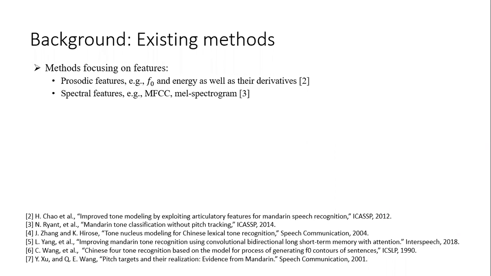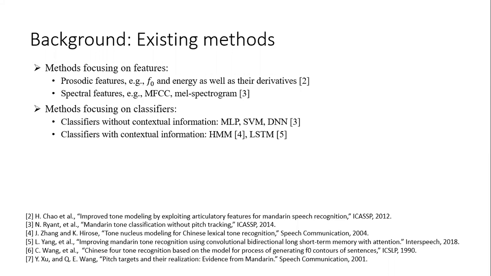Traditional methods usually use the prosodic features, such as F0 and energy, as well as their derivatives. Recent methods also employ the spectral features, considering the potential correlation between source features and spectral features.